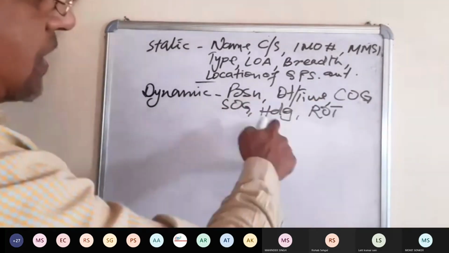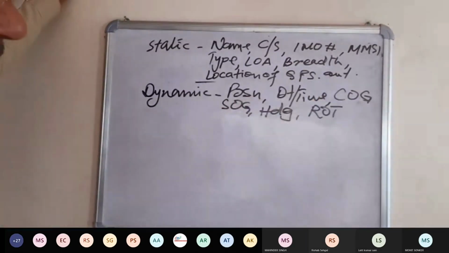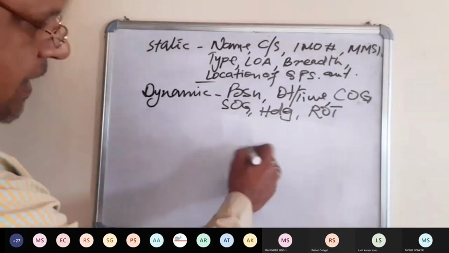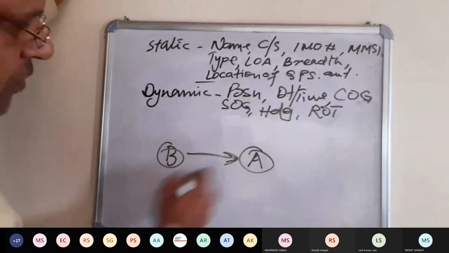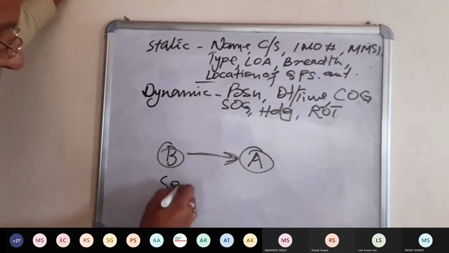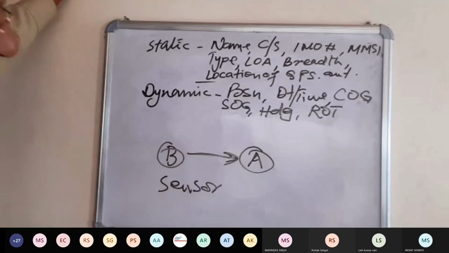All this data is collected from different devices, which we call sensor equipment. If equipment B is providing data to equipment A, then B is called sensor equipment.